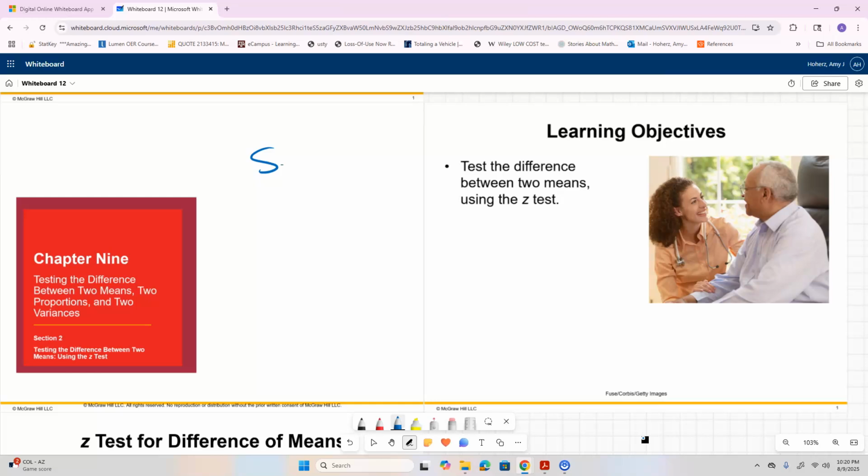So here in section 9.2, we're going to be testing the difference between two means using the z-test. Now that indicates to us that the population standard deviation is known. Okay, so that's the population standard deviation.